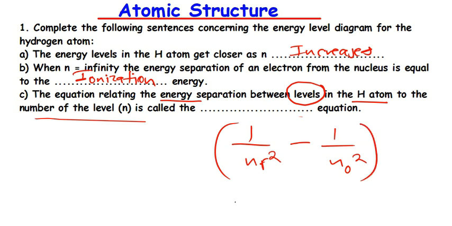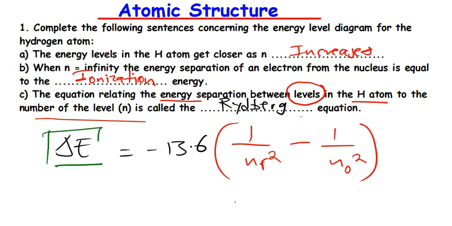The formula for the change in energy is equal to negative 13.6. This equation is called the Rydberg equation, and I know some of you may not understand how it comes about. It relates the energy difference as electrons transition. This is the final, and that is the initial.